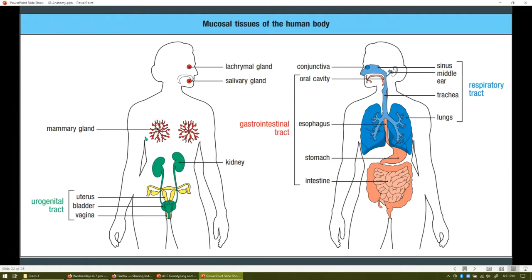The mammary glands are mucosal surfaces, and you can get infections in your mammary glands and cause mastitis. Otherwise, it's kind of not that surprising. You may not know that the eyes are mucosal surfaces, but they are, and they're connected directly to the nose and the nostrils, so it's part of the respiratory tract, very technically. Otherwise, most of this is probably obvious.